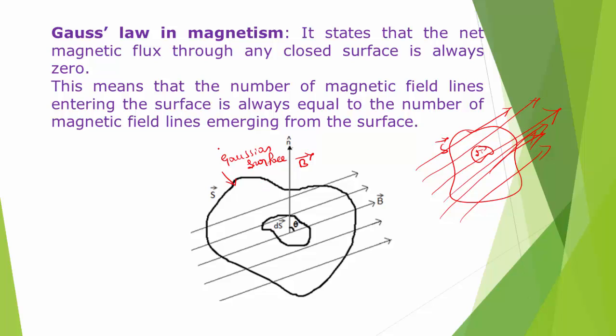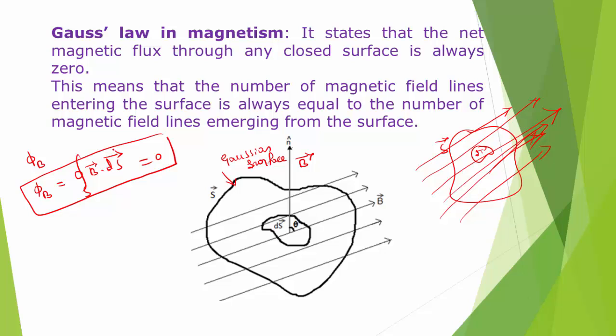According to the statement of Gauss theorem in magnetism, the magnetic flux phi B through any closed surface, the integral of B dot ds, is equal to 0.